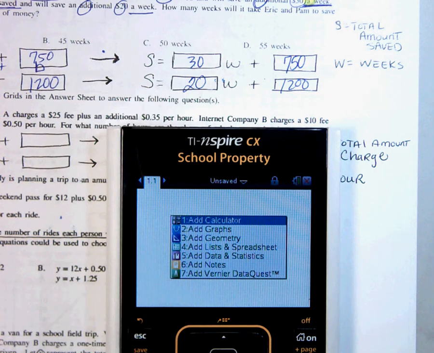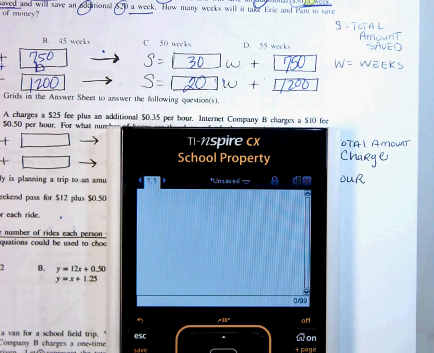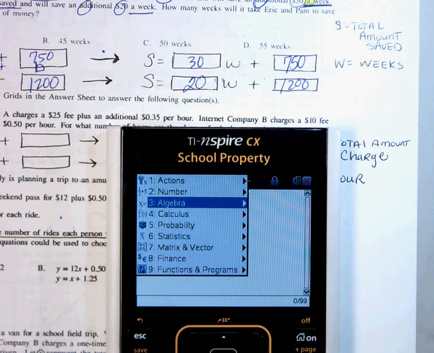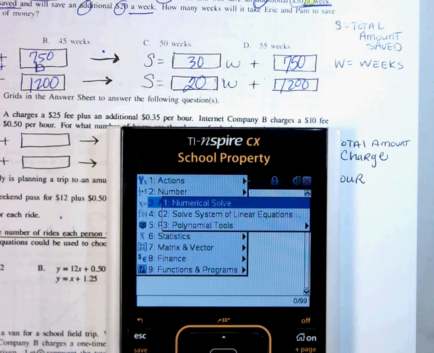Alright, we need to add a calculator, and now we need to do some action. Some action needs to happen. So our action button is menu. We press menu, and we are in algebra right now. Where do we go from there?